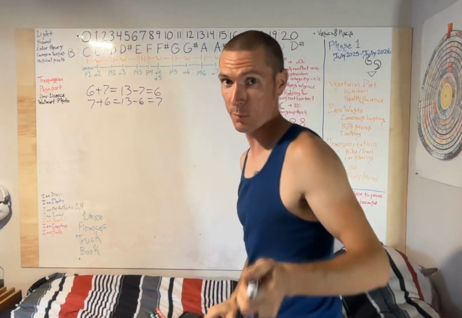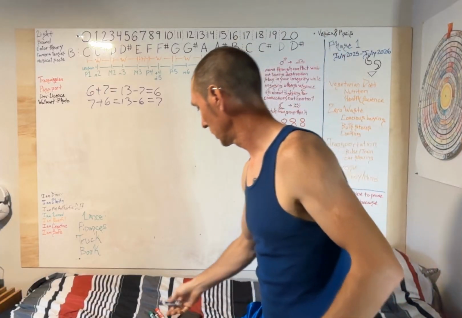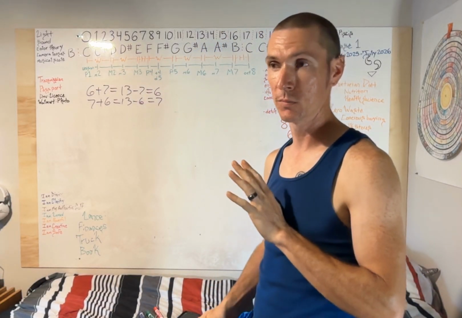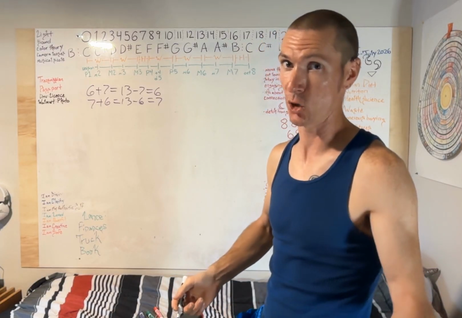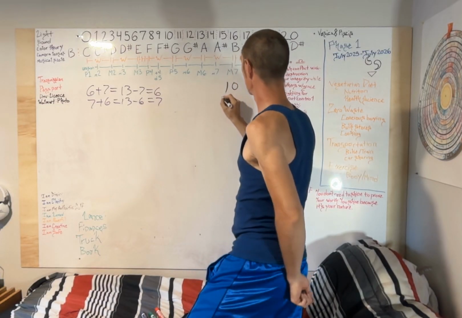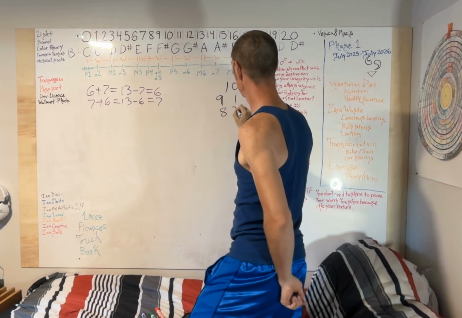The one concept that you have to know is that any number can be represented by the addition of any other two numbers. So, to make it easy, I'm just going to do 10. 10 is 9 and 1, 8 and 2, 7 and 3.